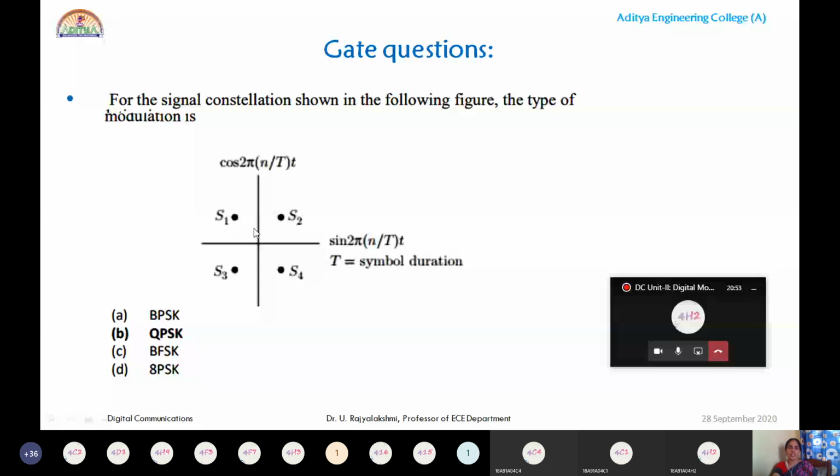This type of question you will get as objective questions. Sometimes in earlier days this was a GATE question, like in 1999, during that period. Not now; in the past decade, these are the GATE questions. And one more thing regarding digital communications: you will get more GATE questions only from chapter 2 and chapter 4.